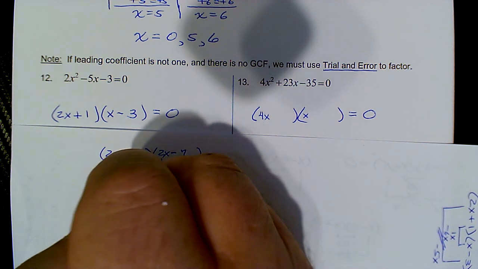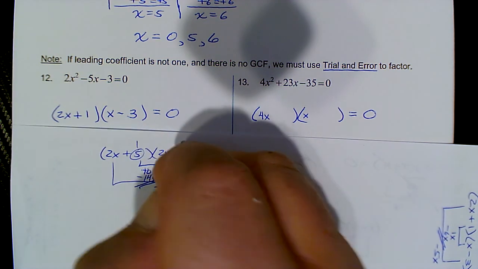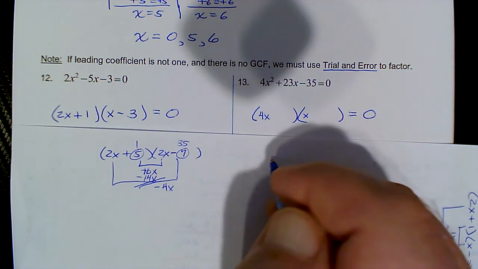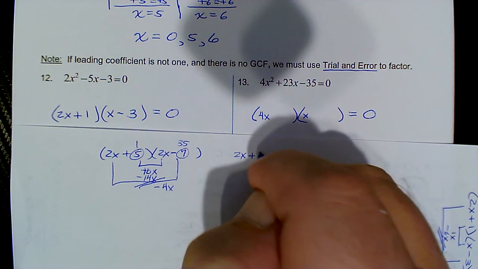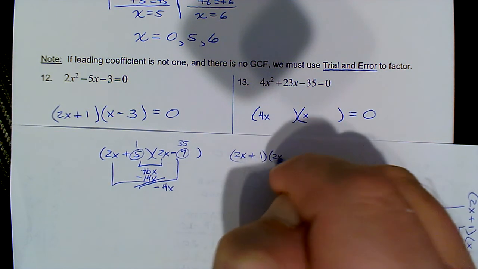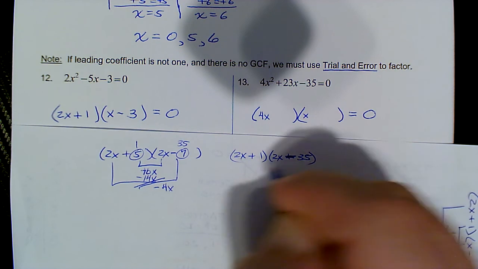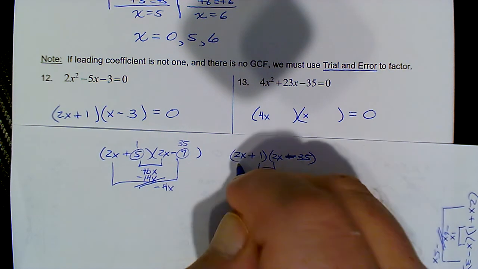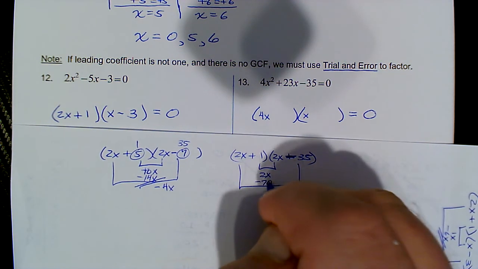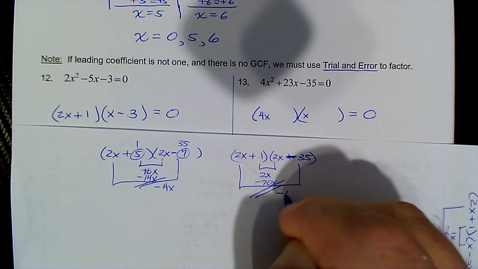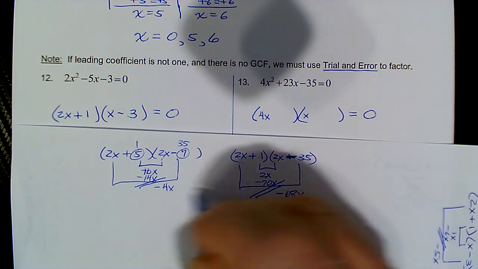And if you put a 1 in here and a 35 in here, or vice versa, let's just do it for the sake of it. We get 2x and minus 70x, so way off, minus 68x. So those are no good.